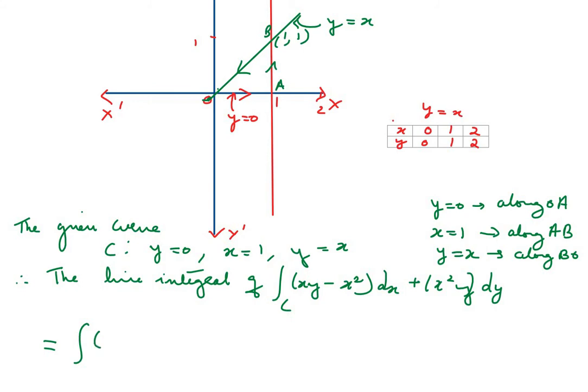Therefore, the value of this line integral over the curve C can be written in this way. C is a curve represented: the first one is along the line OA, the second one is along AB, and the third one is along BO.